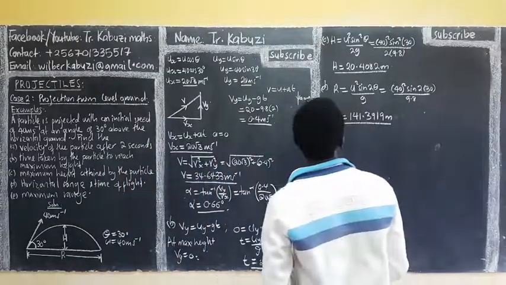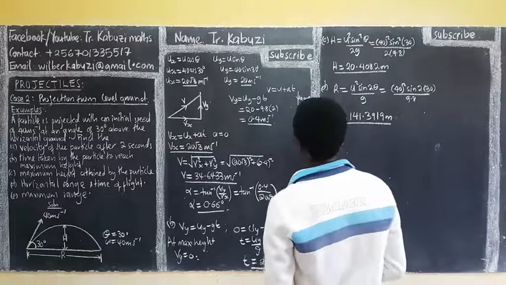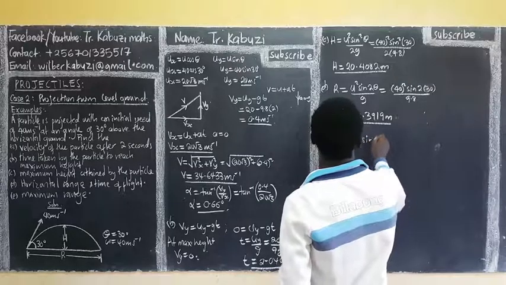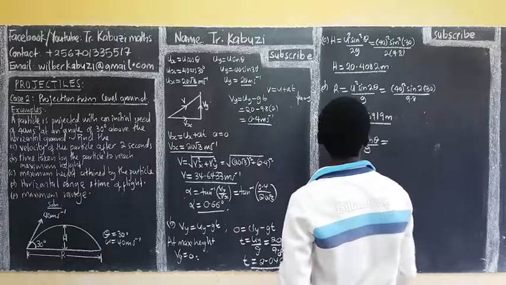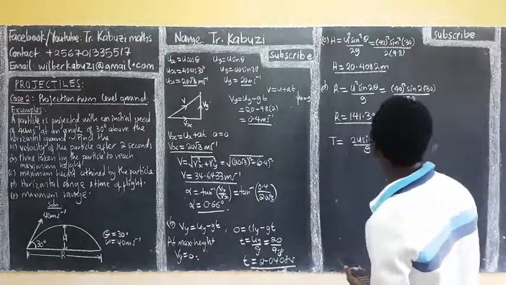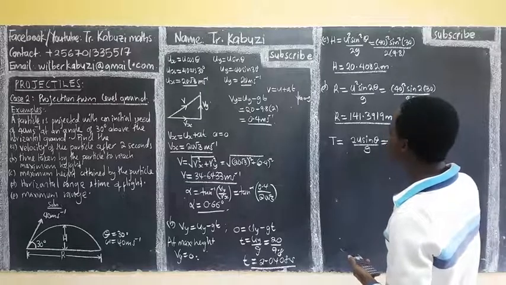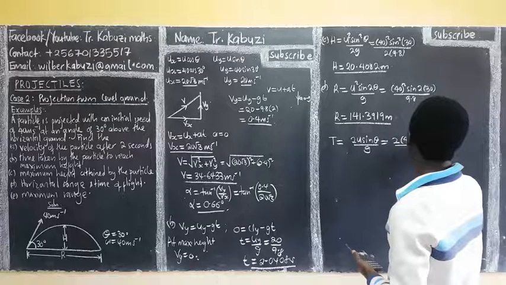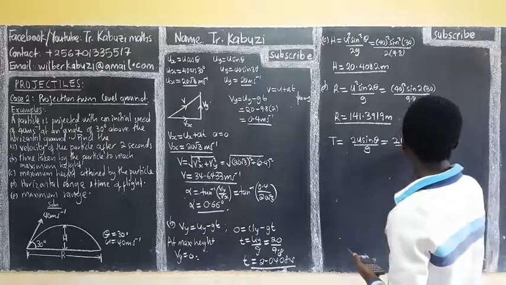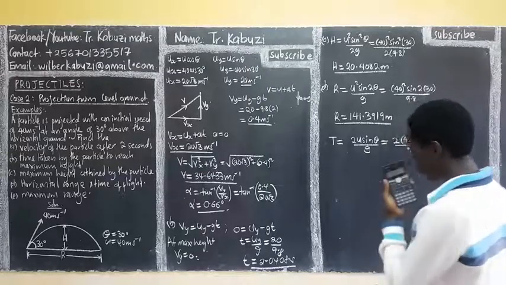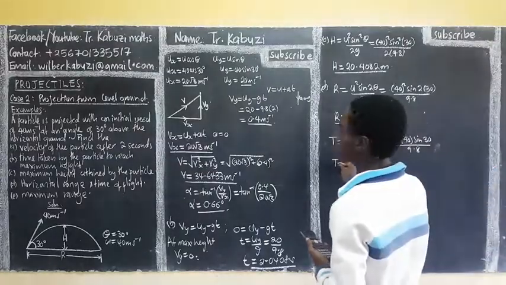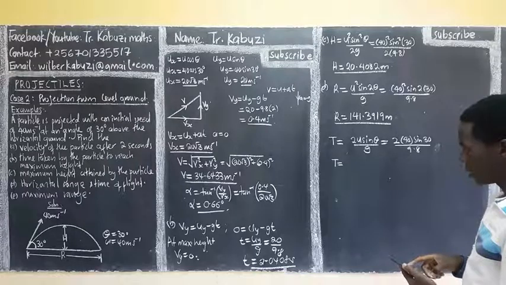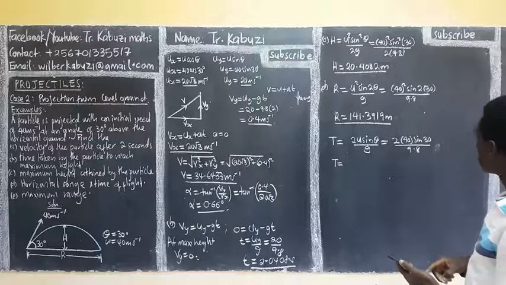Then the time it takes to cover that. Remember our t is going to be 2u sin theta all over g, which is 2 into 40 times sin 30, the whole divided by 9.8.